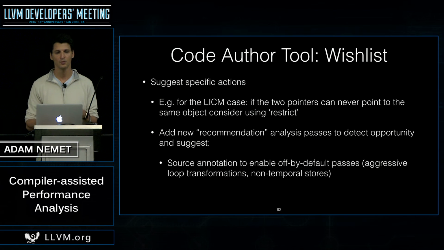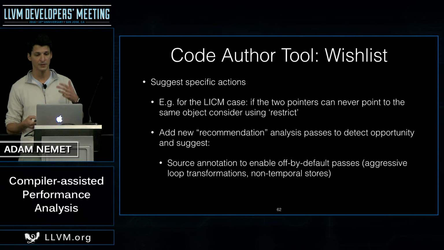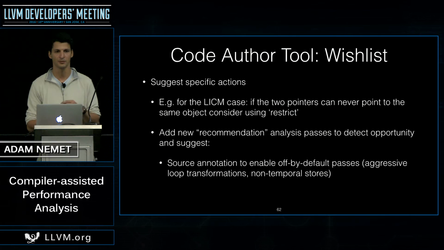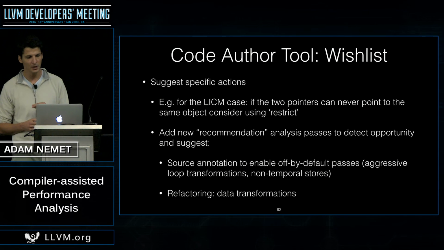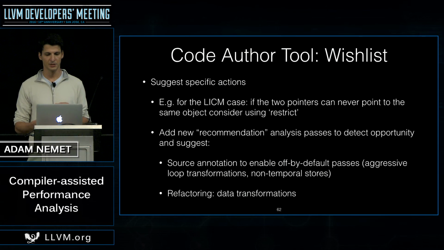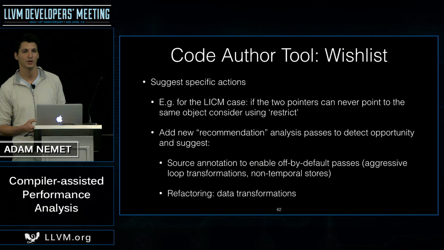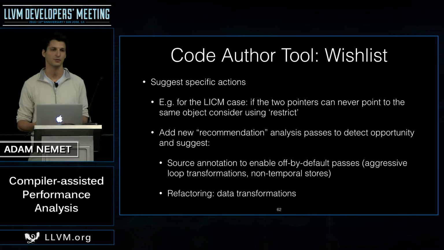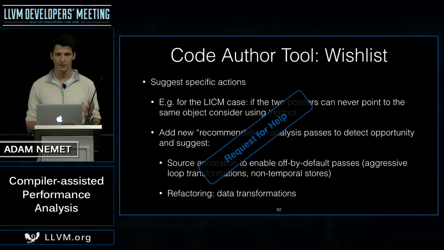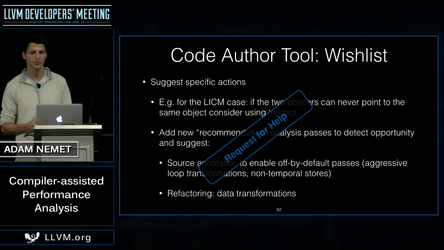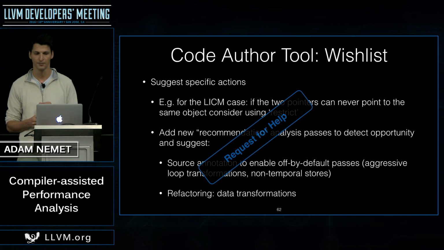So most of the time you want them under user control, but we can call attention to them if you detect a high confidence opportunity. Also, for optimizations that we actually don't have because it's extremely hard to get them right, like data transformations, we can detect them and suggest refactoring. Again, this is an area just being explored, so help is welcome.